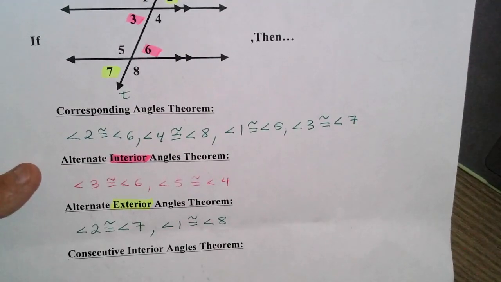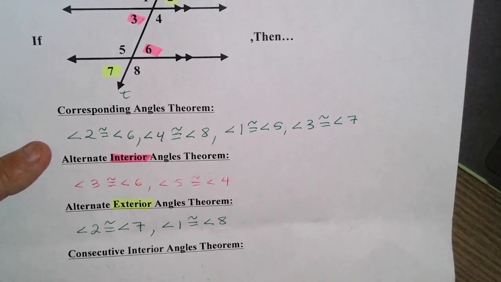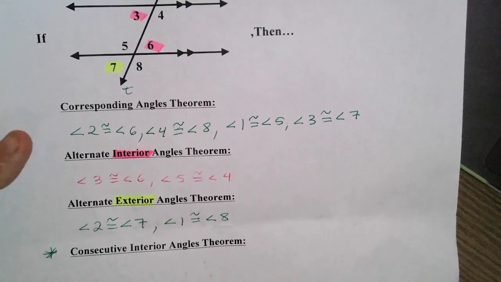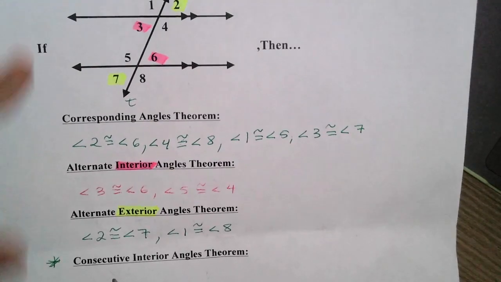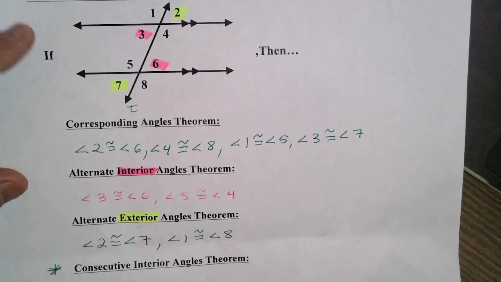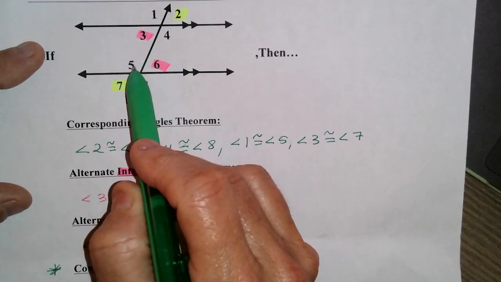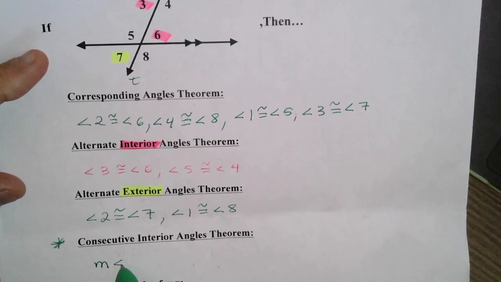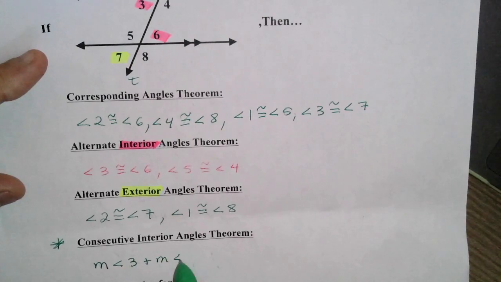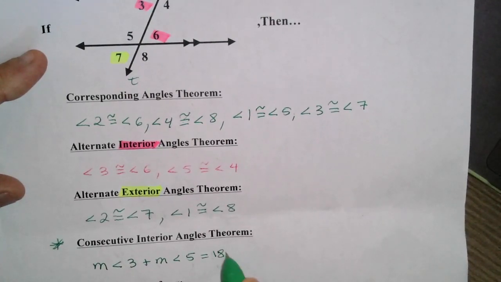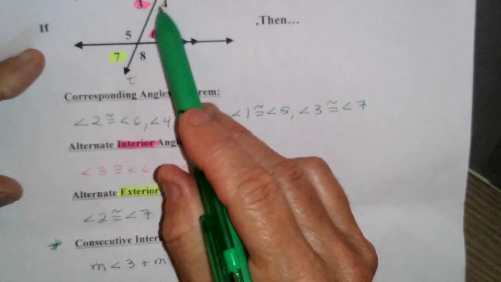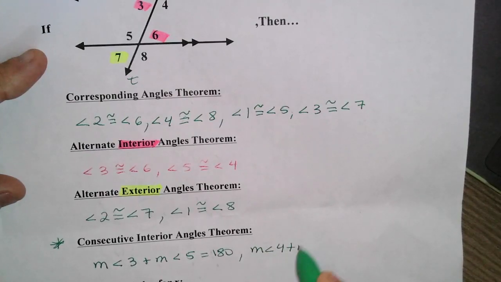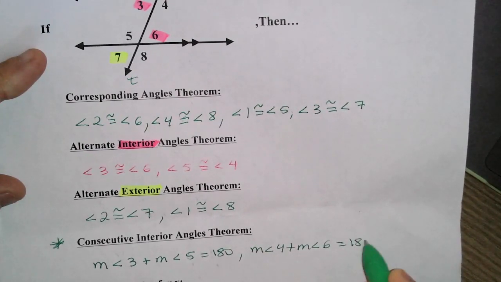And then the last set are the consecutive interior angles. You've got to remember that this one is the only one that's different. Consecutive interior angles are going to be supplementary. So the measure of angle 3 plus the measure of angle 5 is equal to 180, and the measure of angle 4 plus the measure of angle 6 is also equal to 180.